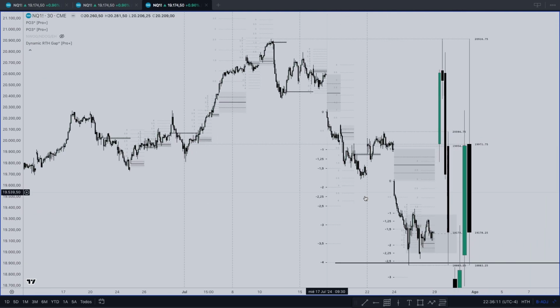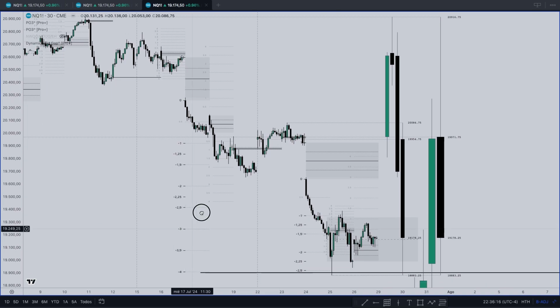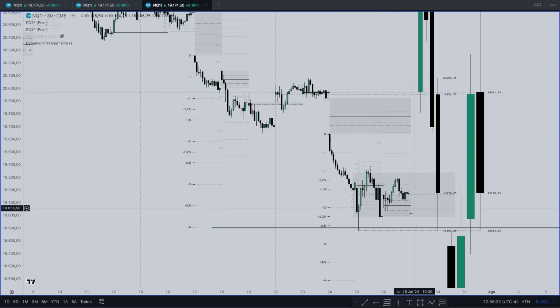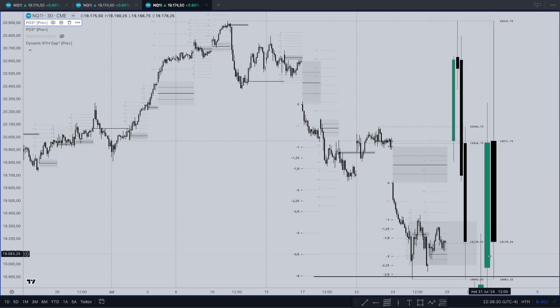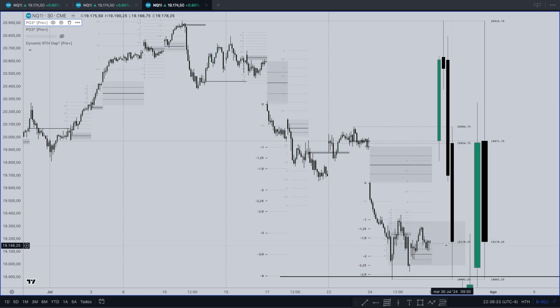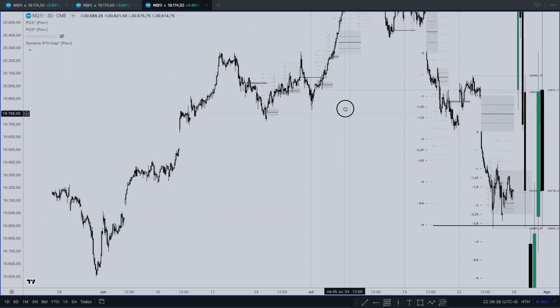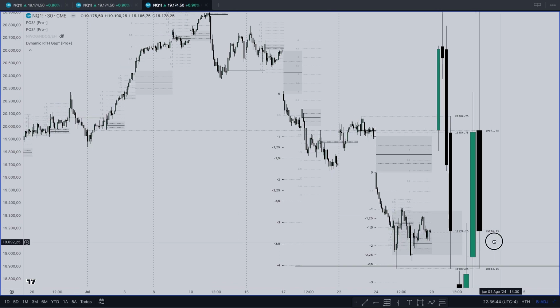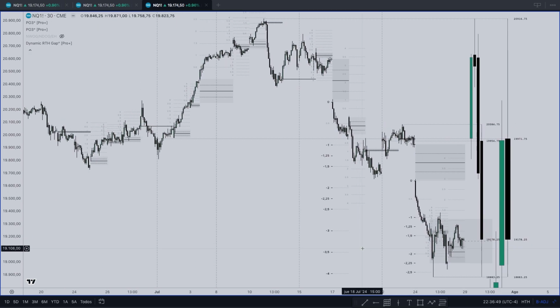We aren't going to do that, but next week, I think that we should monitor if we are respecting this range here and we start moving higher, that this should maybe be the low of the month. And if we are going to move again to attack these buy stops, we are making the low of the month around this range right here, very close to this, in my opinion.